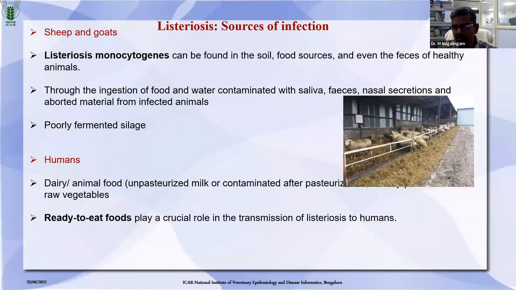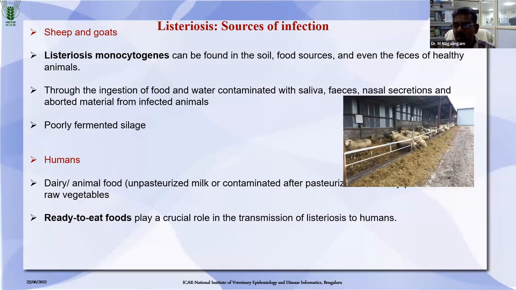Nowadays many people follow silage feeding for animals, and if the silage fermentation is poor, it is one of the main causes for multiplying the Listeria bacteria, and thereby animals eating this will get the disease.